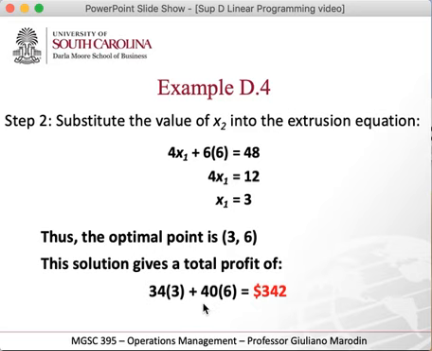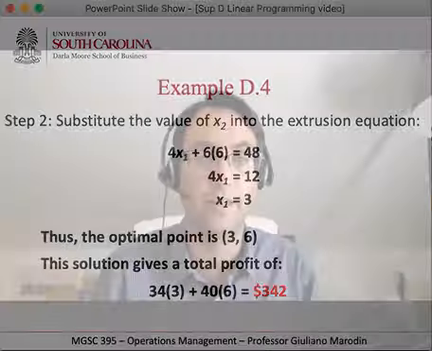Okay, so again, these are the steps. I change the signs to equal for those two equations. I need to find out what the intersection is, what are the two constraints where the optimal point lies on the intersection.